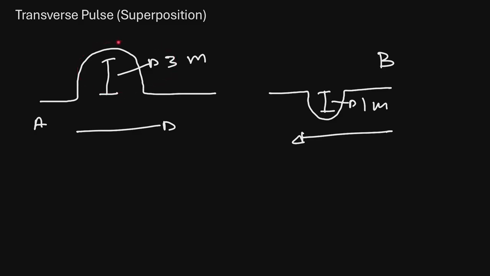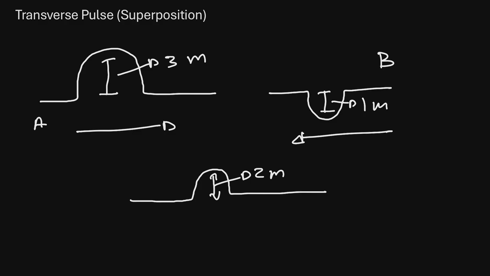So now the bigger pulse is in a positive amplitude. So therefore our resultant will be a positive amplitude, but it will be a smaller amplitude since the amplitude of both the pulses subtract. So you're going to say 3 subtract 1, and that will give us the amplitude of 2 meters, which is the amplitude of both the pulses when they meet.